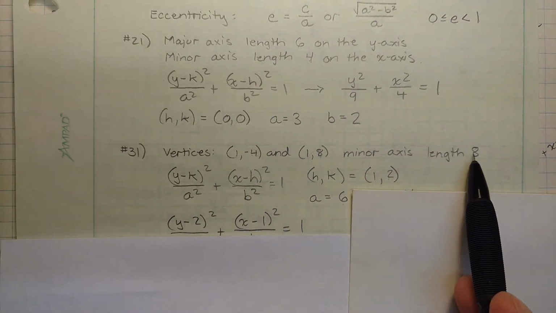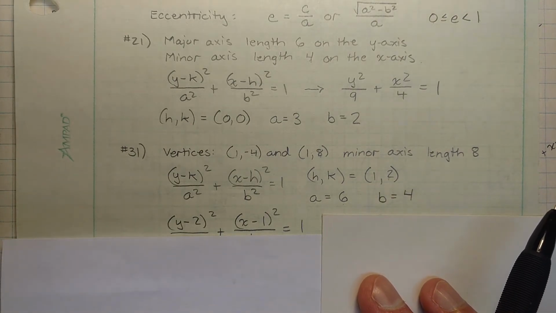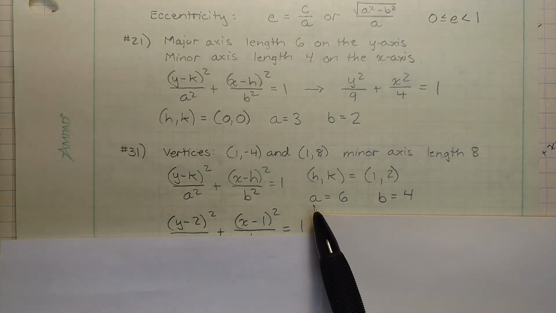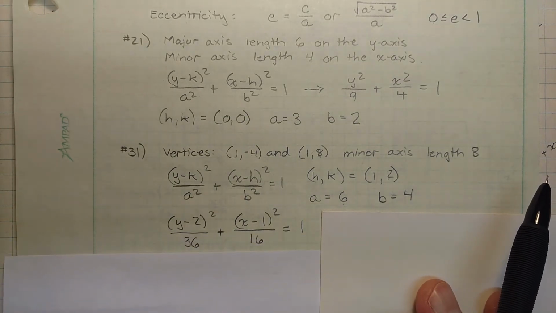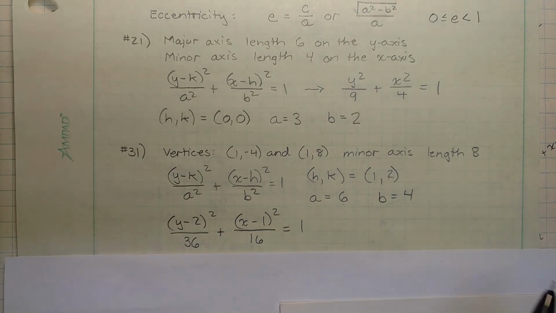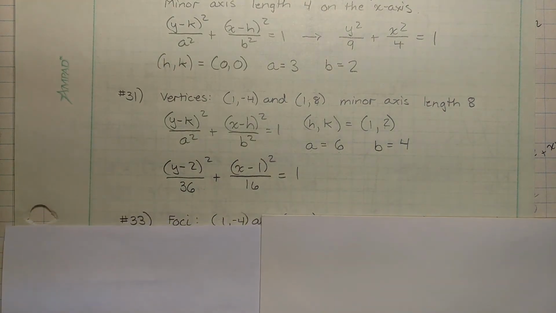And then my minor axis is length 8, so half of that would be 4, so b is 4. So then substituting in, I know a must go underneath the y, so that's going to be 36 and 16, and I've got it. All right, let's look at another one, to see how we're applying this.